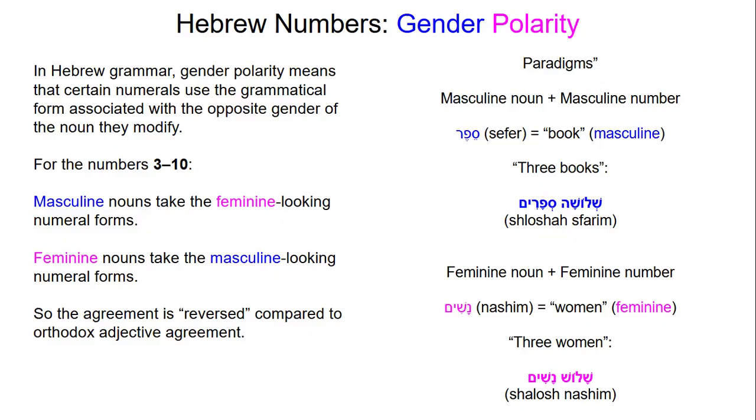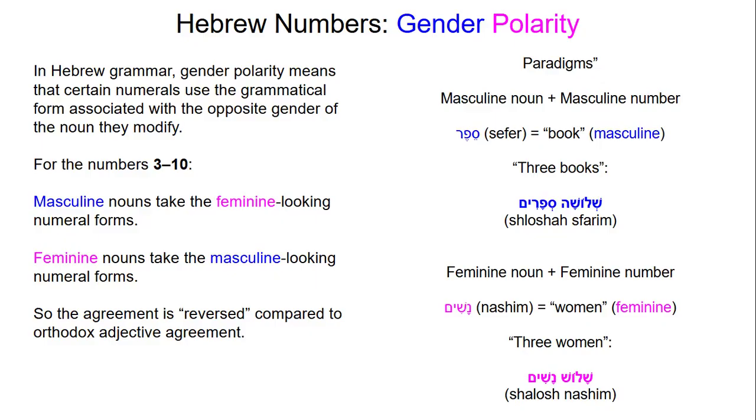Specifically, this is exclusively for numbers 3, 4, 5, 6, 7, 8, 9, and 10 in the Hebrew language. So for numbers 3 through 10, masculine nouns take on the feminine looking numeral forms. And feminine nouns connect with the masculine looking numeral forms.